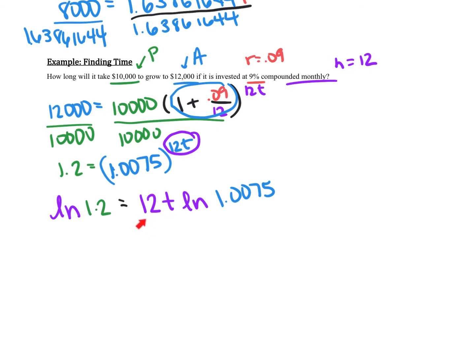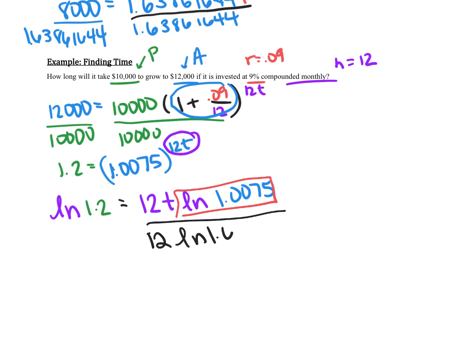And now I can try to solve this equation for the t variable. Notice I have the 12 in the front, and then this natural log of 1.0075. This part right here is just a number, and it's a number your calculator will calculate for us. So we're just going to divide everything by everything that's not t on this side. So I'm going to divide by 12 natural log 1.0075. Do the same thing over here. I'm doing it like this because I want to have exact answers.